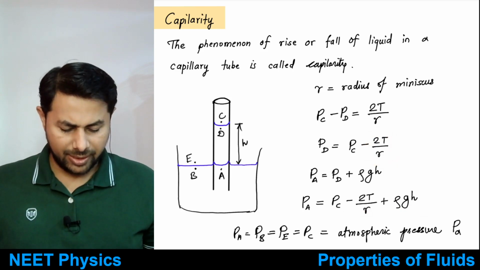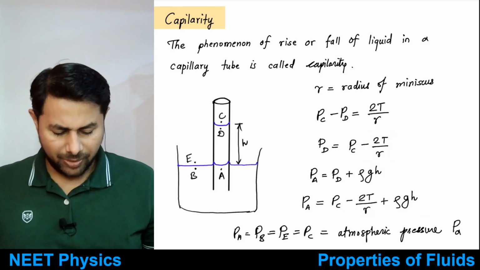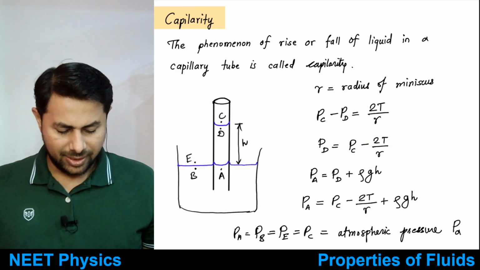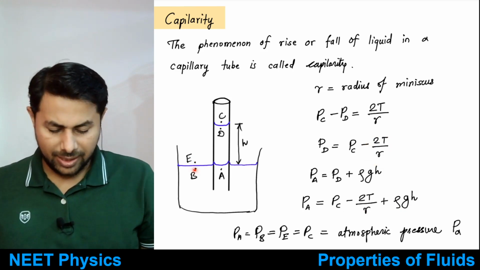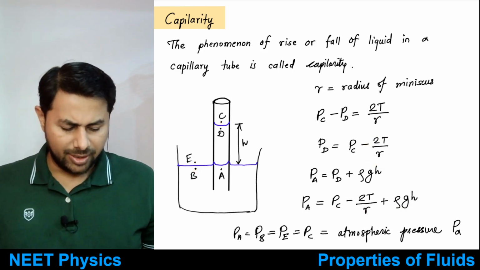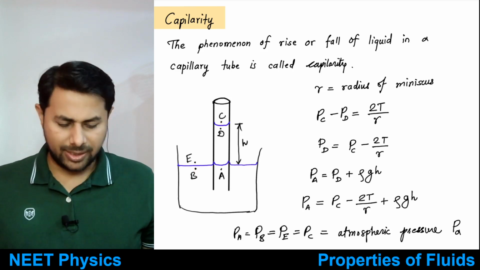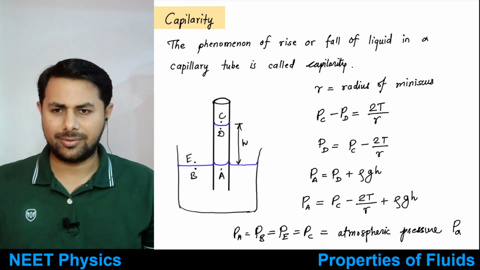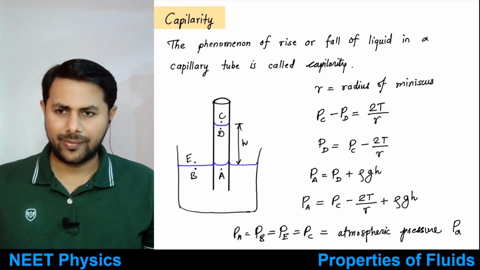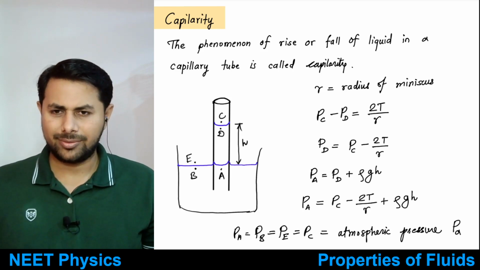Now pressure at point E is equal to pressure at point B, and it should be equal to pressure at point C, because all of them are atmospheric pressures.